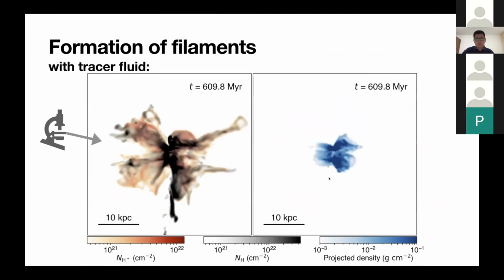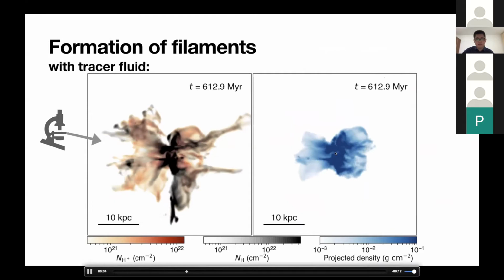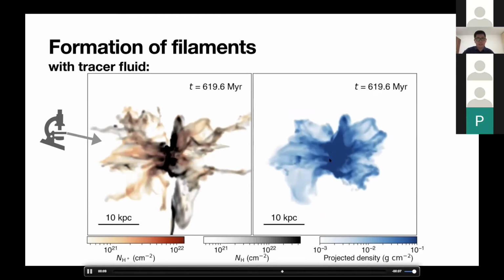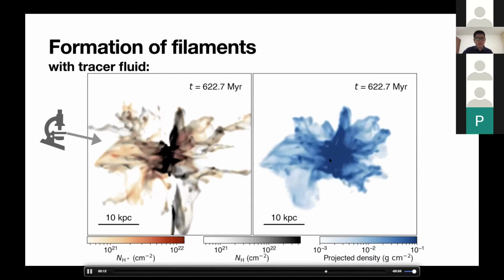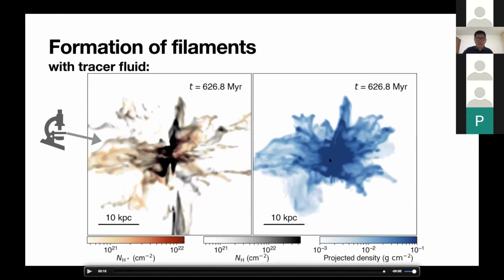At the same time, we'll also inject a tracer fluid from the center of the cluster just to be sure that the filaments do come from the central AGN outflows. So we now have video evidence to show that the filaments might have come from the AGN-driven outflows.